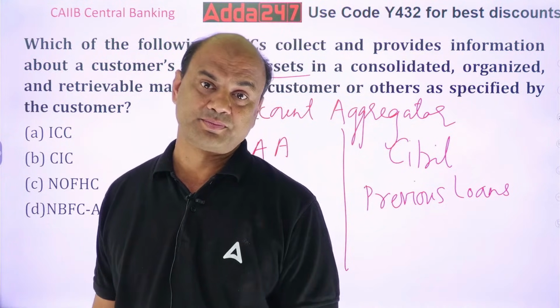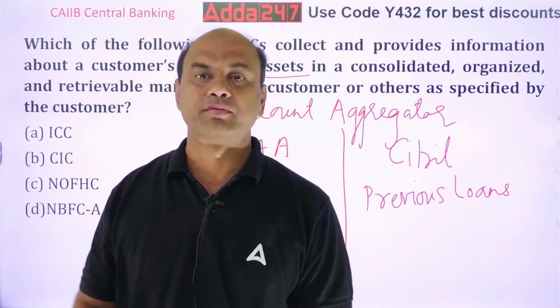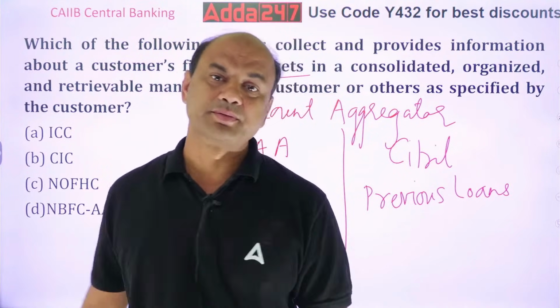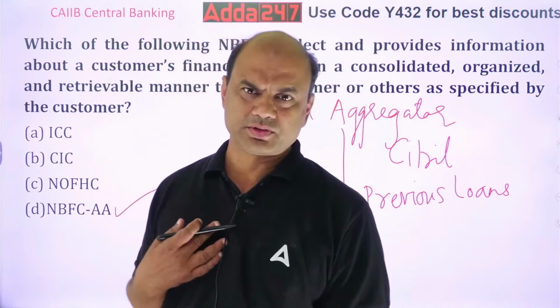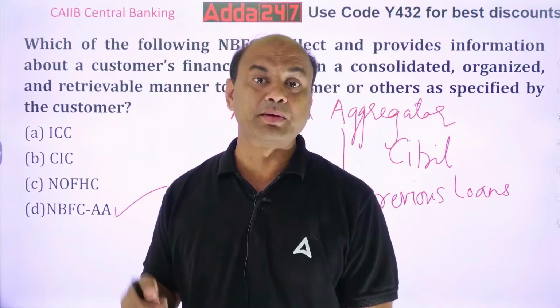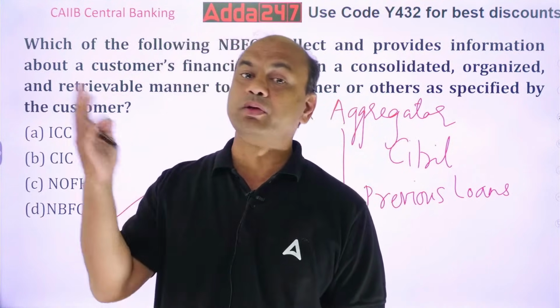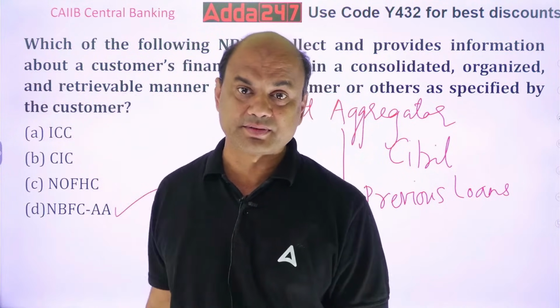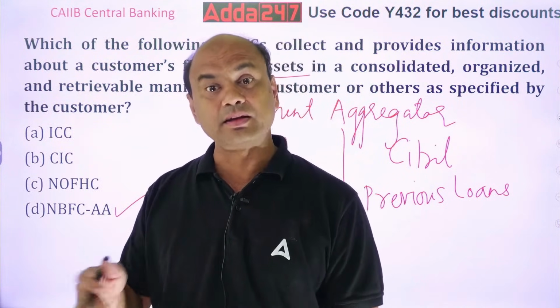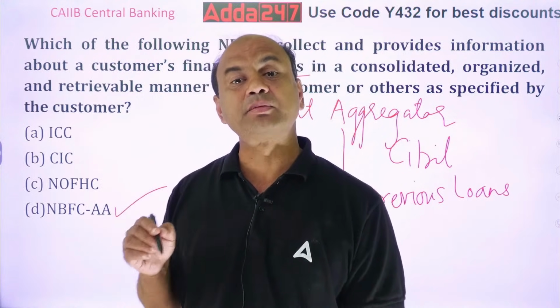Previous loans. But now, the financial world has moved ahead. Not only loans. I am a person, so I might be having loans, mutual funds, insurance, investments also. I will be paying my utility bills, electricity bills, other utility bills. I am a 360-degree person.